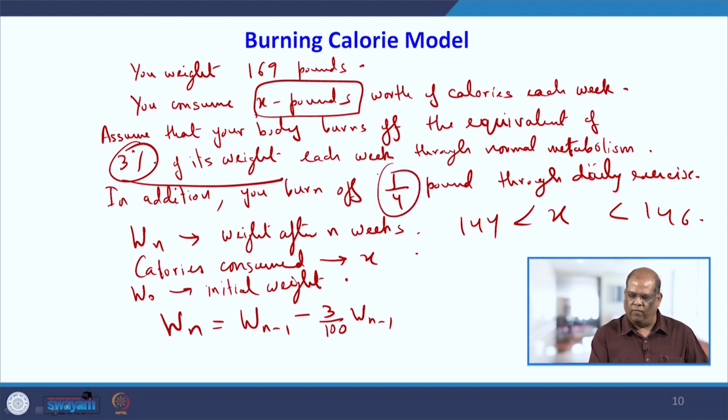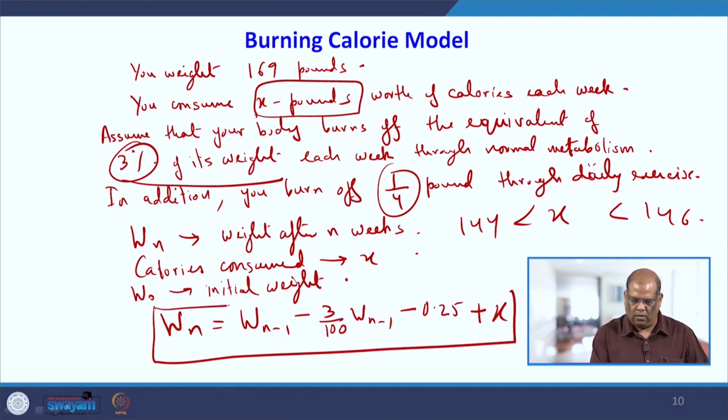Then it burns off 1/4 of a pound, that is 0.25, through daily exercise, and you add calorie worth x each week. So, this gives a model for your weight, and you want to find the range of this x such that your weight lies between 144 and 146 pounds.